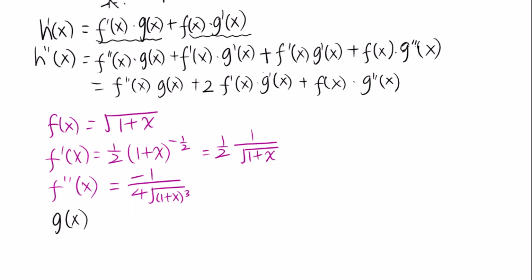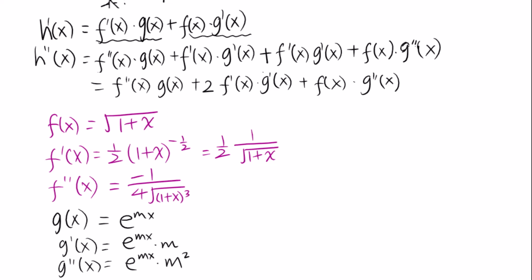For g of x equals e to the mx power, g prime of x equals e to the mx power times m. g double prime of x equals e to the mx power times m squared.